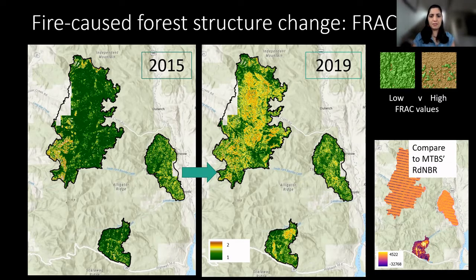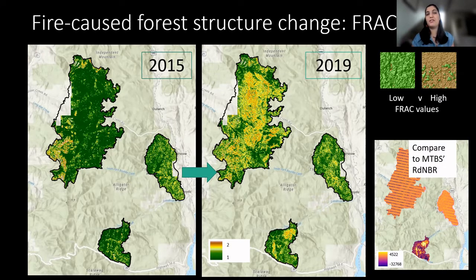I also have this MTBS map on the RDNBR map on the side, because any of you who work with that and are looking at a fire that came from Landsat 7, you'll know that there are these dead swaths where there's no data. So sometimes you might be interested in looking at what's going on in those dead swaths, and that RDNBR product is not useful.